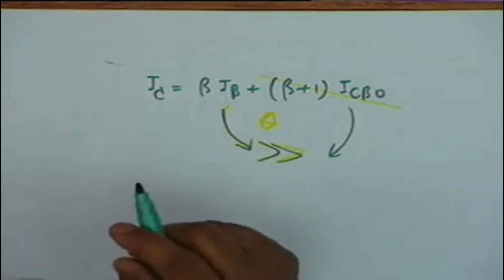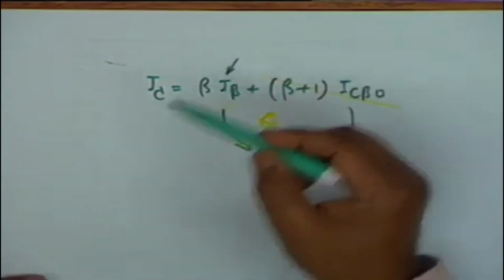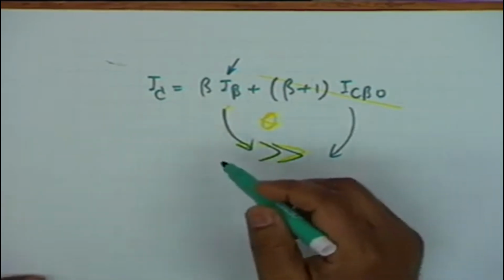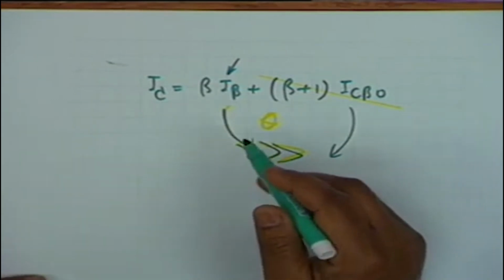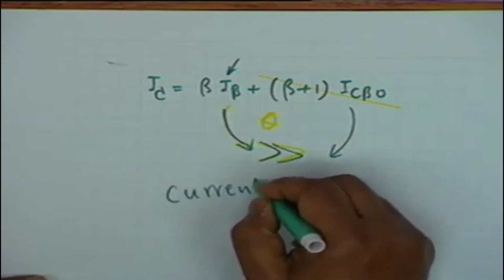Now this shows a very interesting thing, that if you put 1 milliampere at the base, at the collector you could get 100 milliamperes, which means that the transistor in the CE mode acts as a current amplifier.